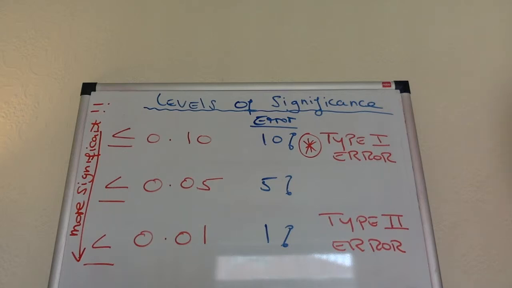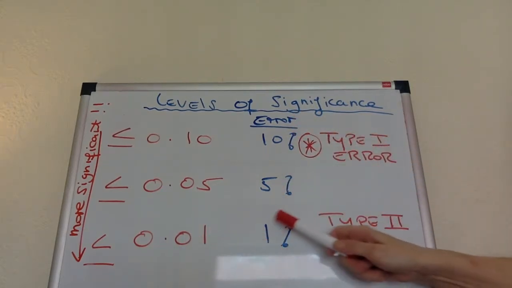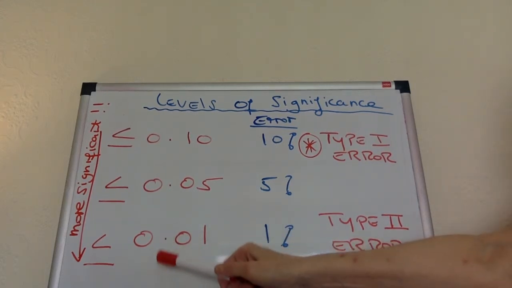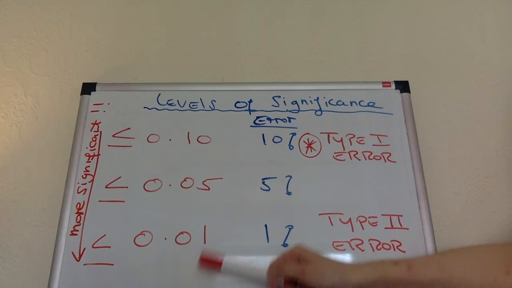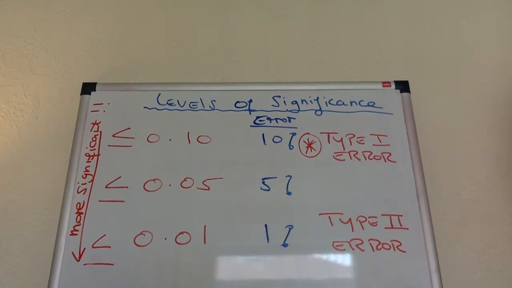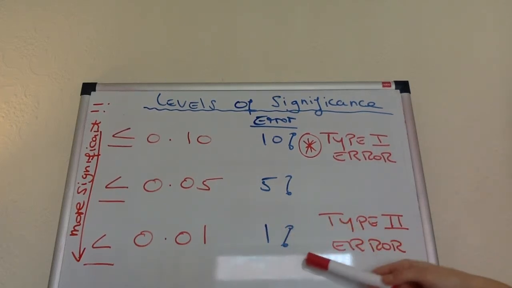All right, now, what about a type 2 error? That will occur when you've left yourself hardly any room for error. Okay, so it might be 0.01 or even 0.001. That's got a less than 1% chance of error. Well, if you've left yourself hardly any room for error, you probably won't have any finding at all sometimes.